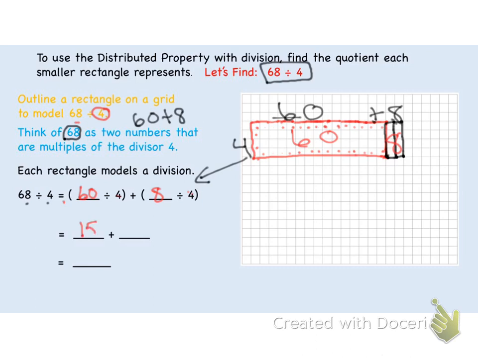So I'm going to make this 15. 15 times 4 is 60. Now this is 8 divided by 4. Well, right there I even drew the line. Gives you 2. So the answer here is 17. So 17 times 4 will give you 68.